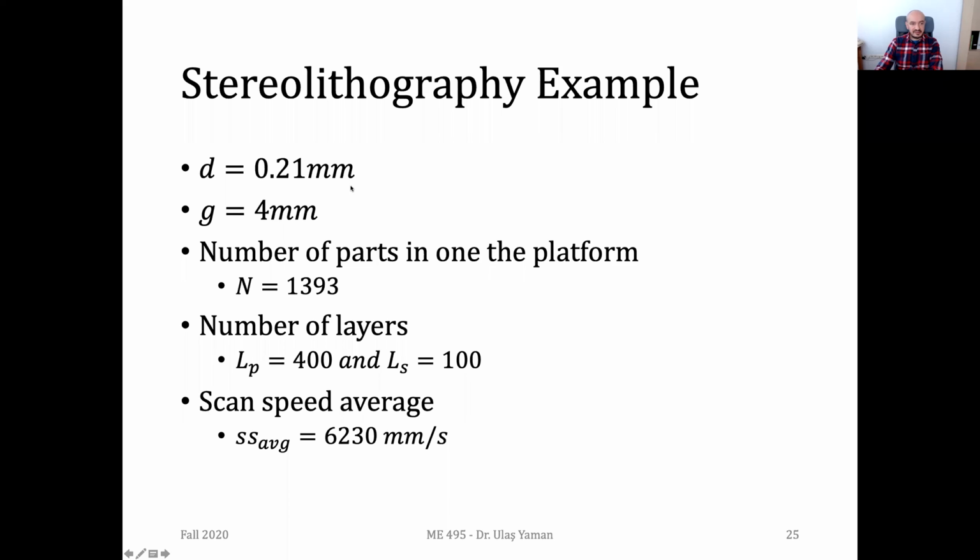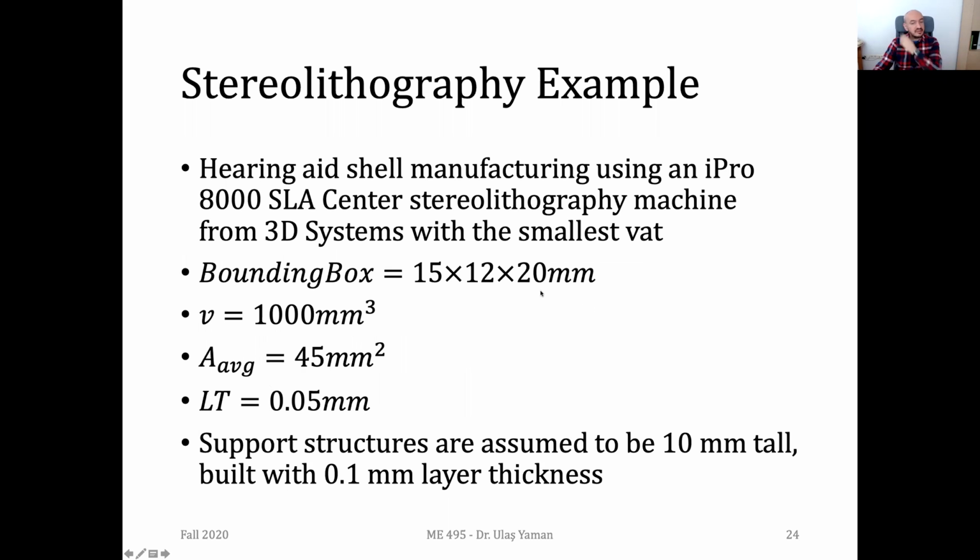These are other parameters. The diameter of the laser is 210 micrometers. The gap between the neighbor parts is 4 millimeters, and it's computed that on a platform we can have a maximum of 1393 products. So what is the number of layers required? The height of our box is 20 millimeters, and the layer thickness is 50 micrometers.